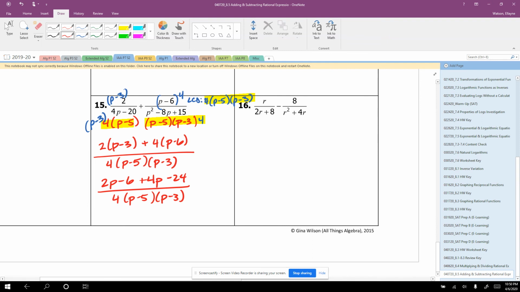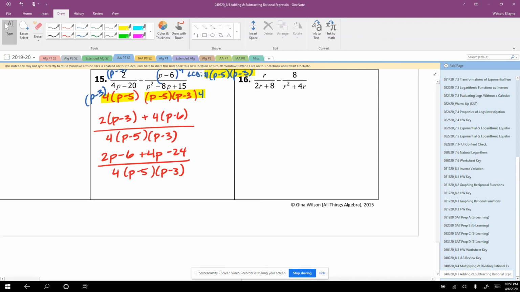I don't want to do that because remember, our last step is to always see if there's any common factors. So I don't want to multiply the bottom out because it's already factored, right? Combine like terms on top. You're going to get 6p minus 30 over 4 times p minus 5, p minus 3. Factor the top, take the GCF of 6 out.